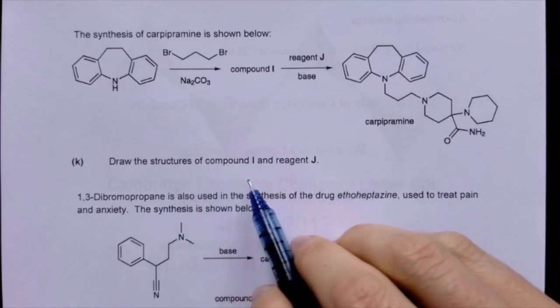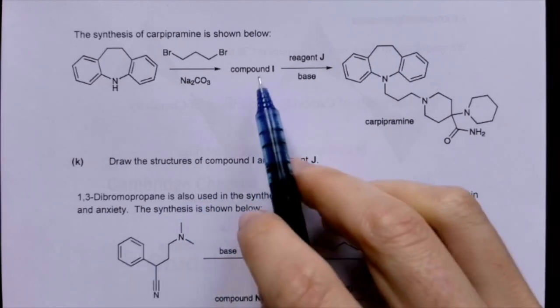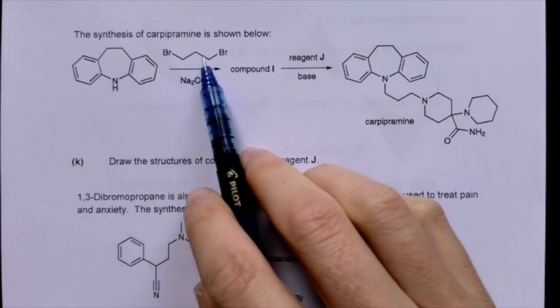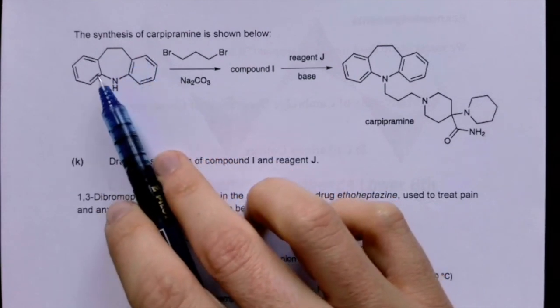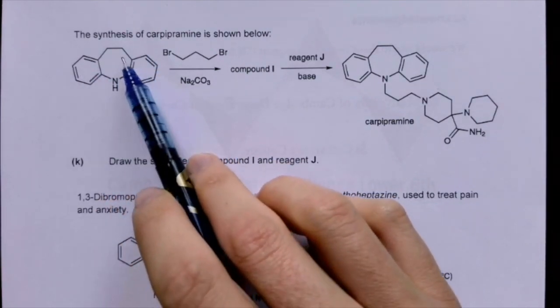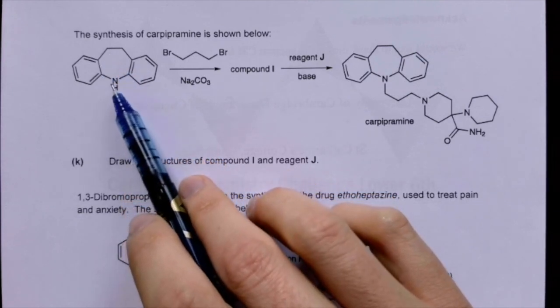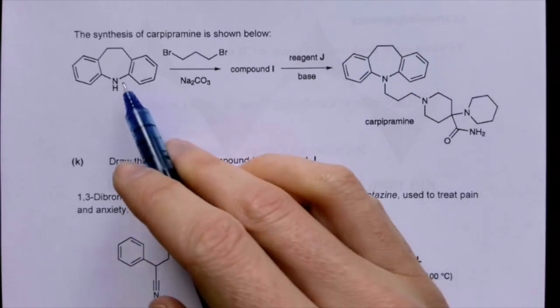Draw the structures of compound I and reagent J. Compound I is the reaction between 1,3-dibromopropane that we've been talking about and this big thing here. These benzene rings and this 7-membered ring are just there to look scary.